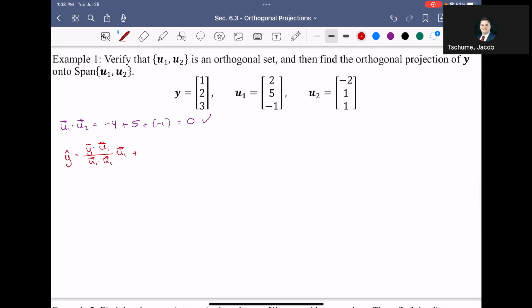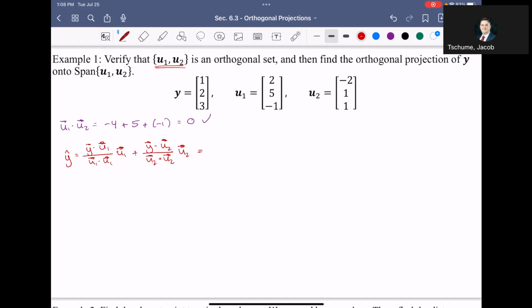And then we're going to add to this y dotted with U2 over U2 dotted with itself times U2. And you just continue that until you run out of the vectors in your set. We have 2 vectors, thus we have 2 terms. So you have a lot of inner products to compute here, so let's do that.